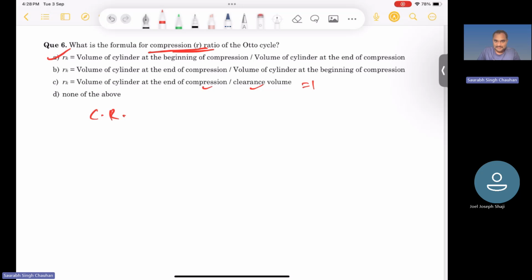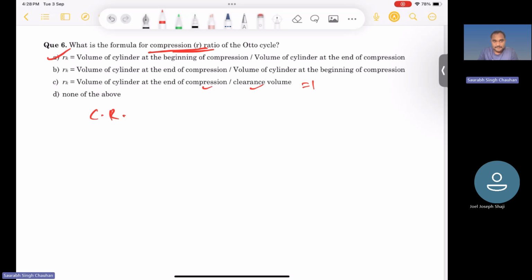There are some constraints, because when you increase the compression ratio, then near the end of the compression stroke or TDC, the temperature and pressure become very, very high, and because of that there are some problems, like knocking.